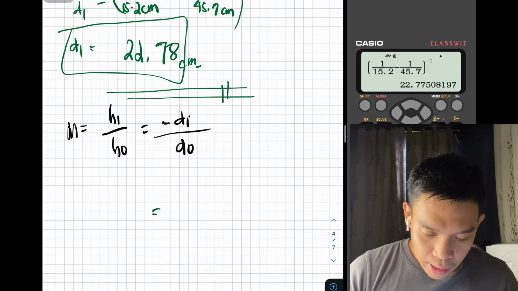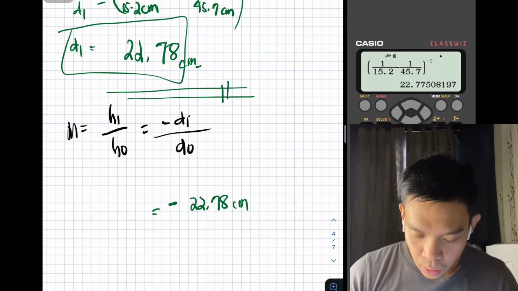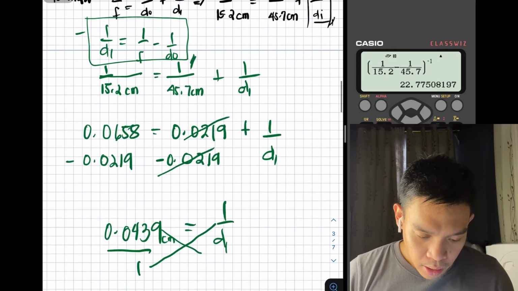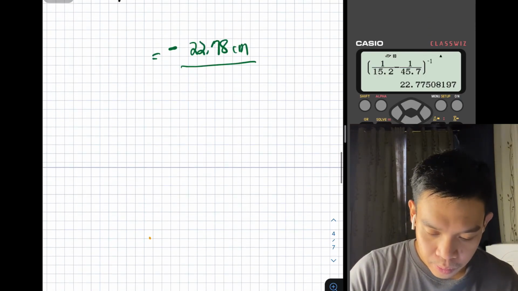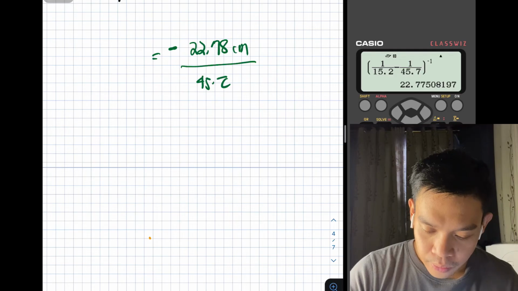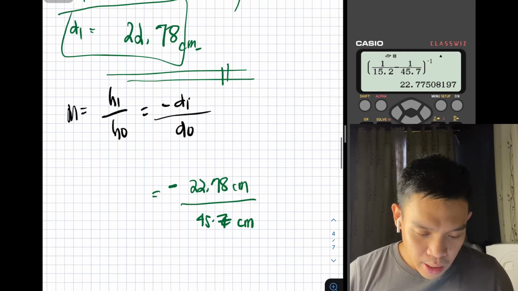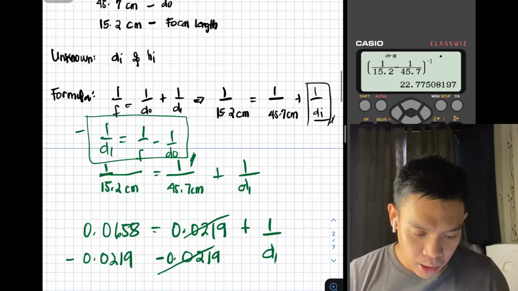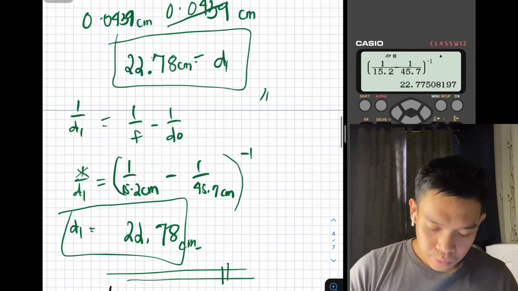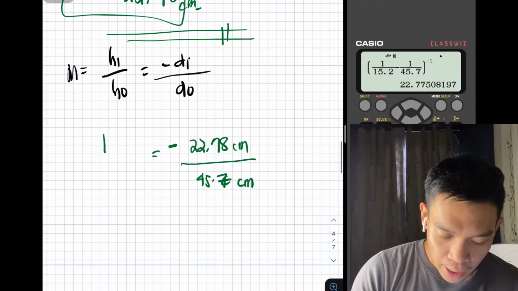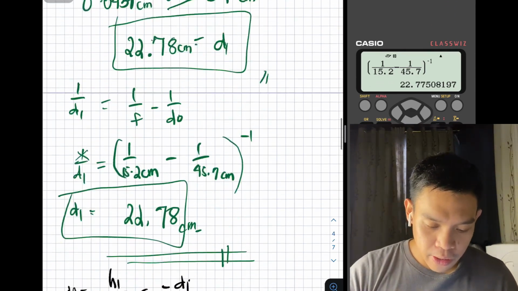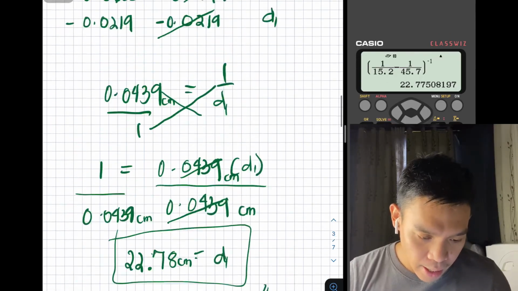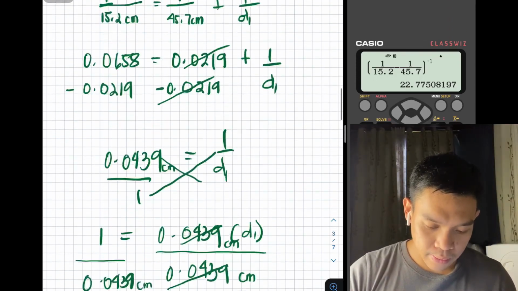So we have negative 22.78 centimeter over the object distance of 45.7 centimeter. The HI, or height of the image, is unknown. It's HI over HO, wherein our HO is 4.00 centimeter. Am I correct with that? Yes.